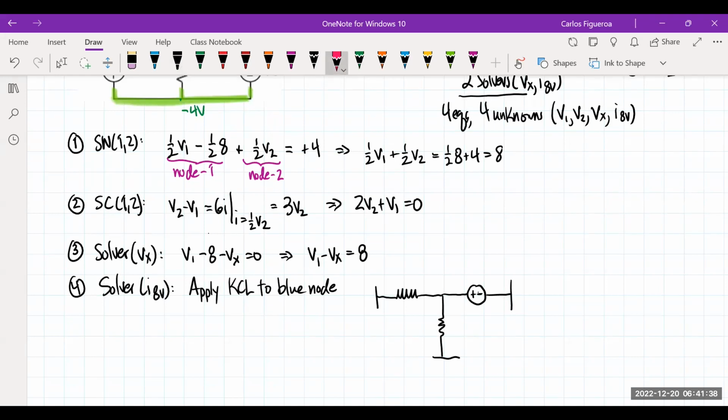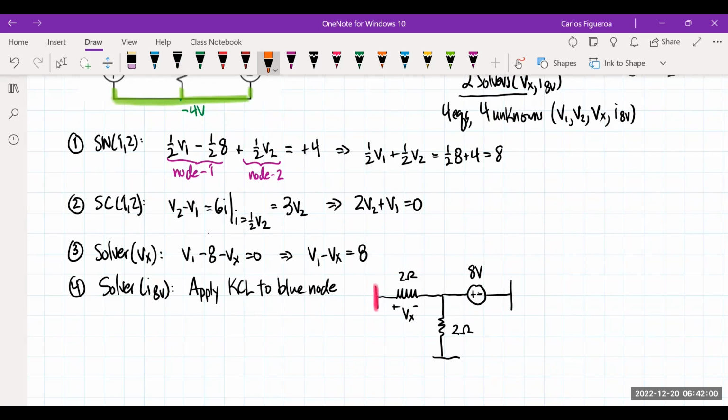So this is the red node right here. I know that this guy right here is the 2 ohm, and this guy right here is Vx. And then right here, I have a 2 ohm. And then, of course, here's my 8 volts. I'm going to think about how I'm going to set up my directions.